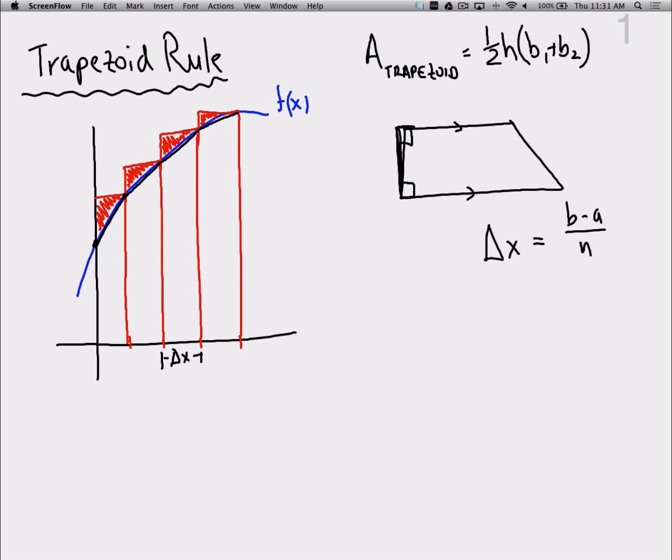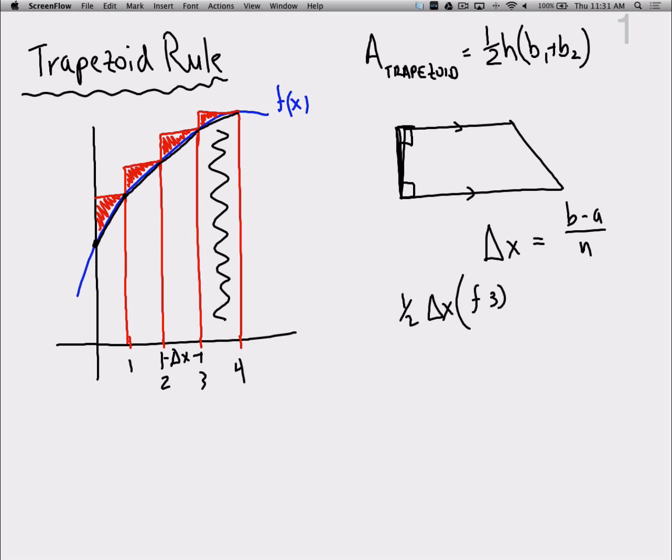So we're going to look at this trapezoid specifically. So the height of that trapezoid is actually delta x, so it becomes 1/2 delta x times, what's base 1? F of 3, good.